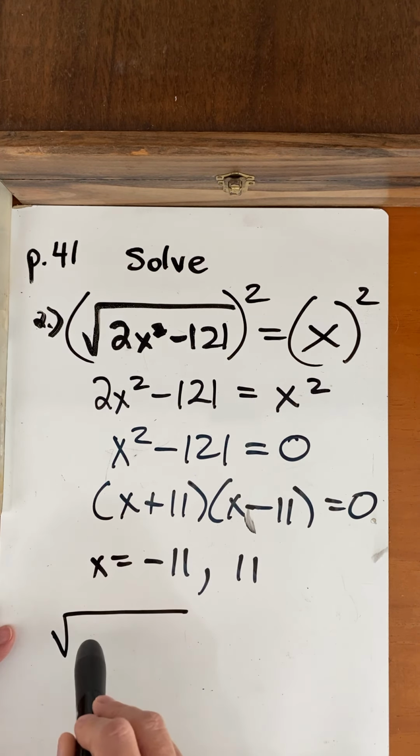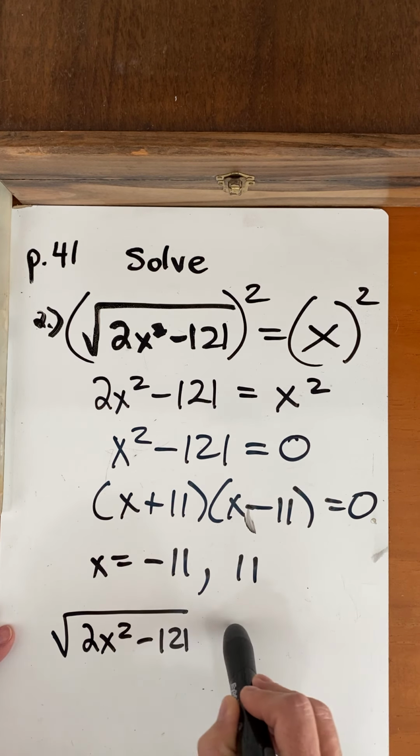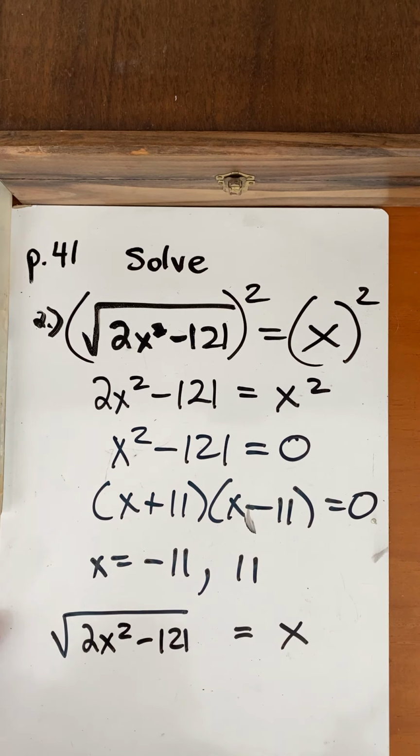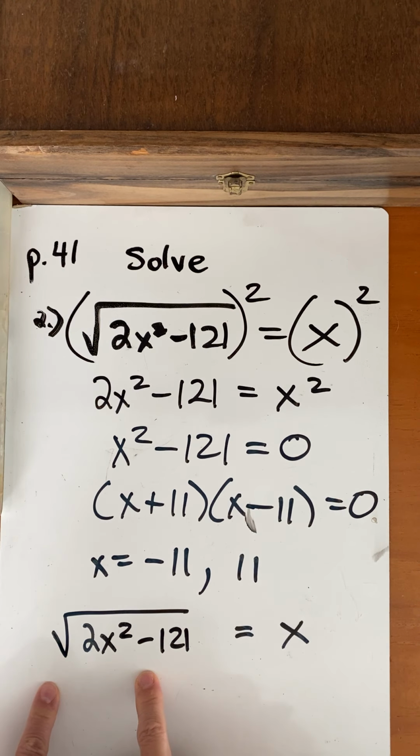I have a suspicion one of these will not work, and I'll tell you why, and this is something you look for. When you have a variable that's not under the radical and a variable that is under the radical, a lot of times that sets up a situation where you might end up with an extraneous solution.